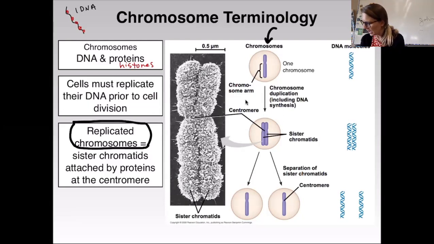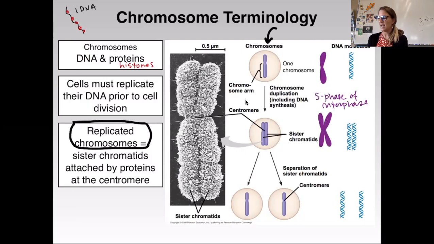So here we have a single chromosome, right? It's a single piece of DNA wrapped around histones. When it duplicates, and again, this duplication happens in S phase of interphase, you're going to get 2 identical chromosomes, and they're held together at this middle part, and that is the centromere, right?